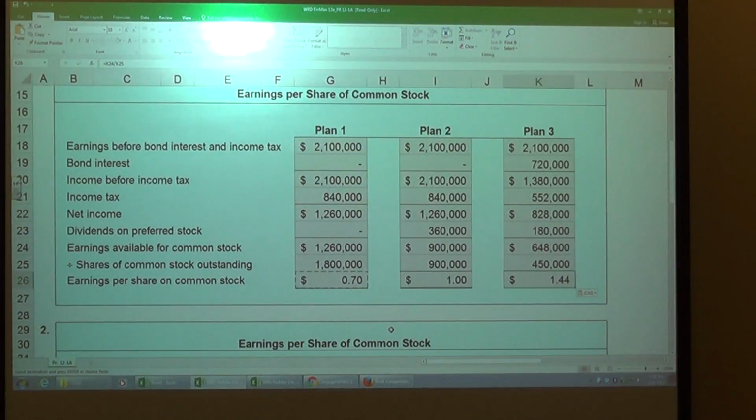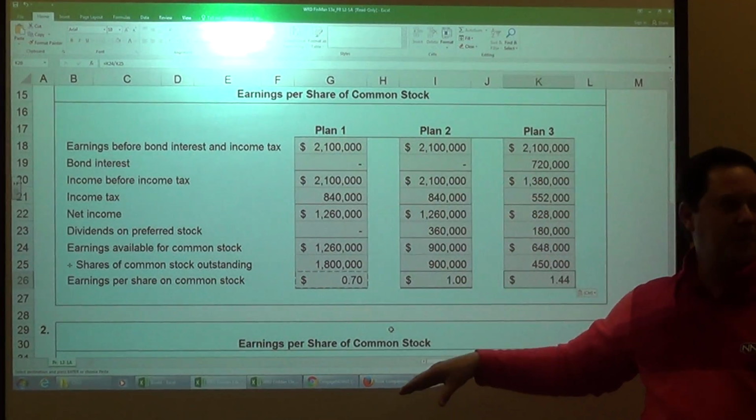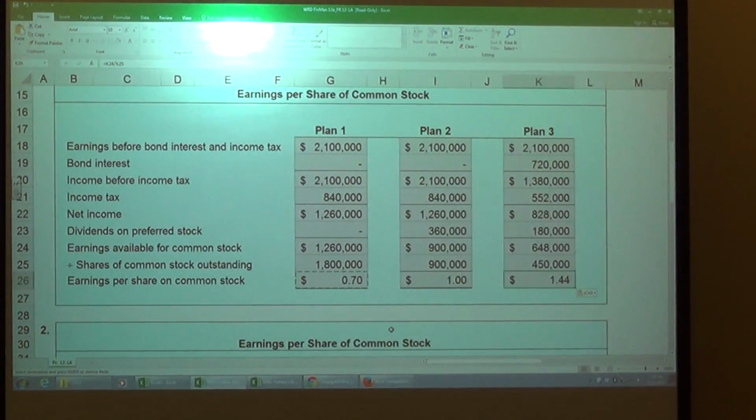So what I'm going to do here is I'm going to take this information and then I'm going to copy and paste it and put it below and change that number on top, because that's the B part of this problem. So instead of making what we thought they made, 2.1 million, they made half that.